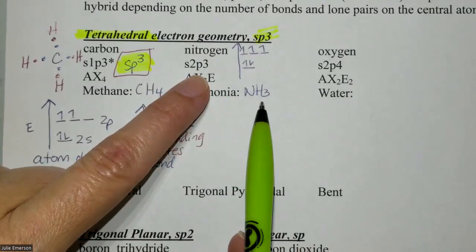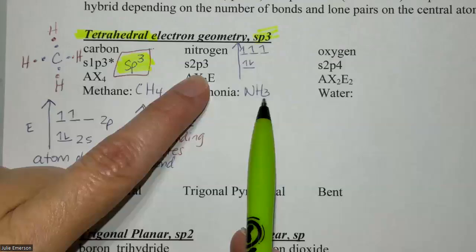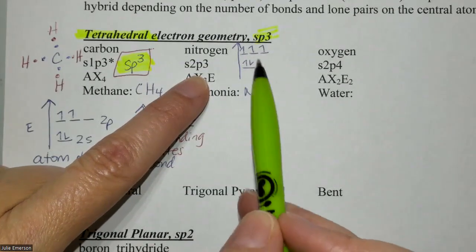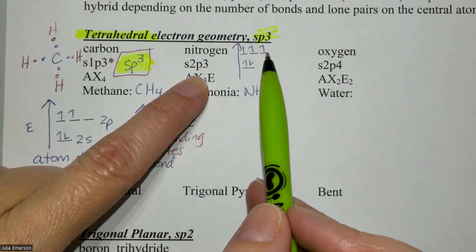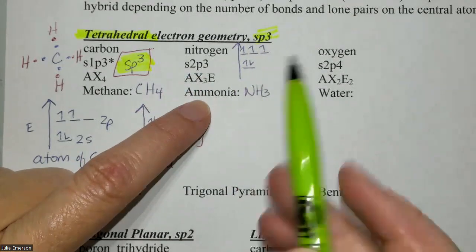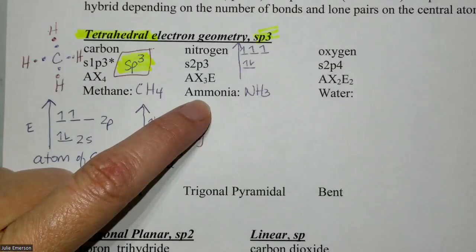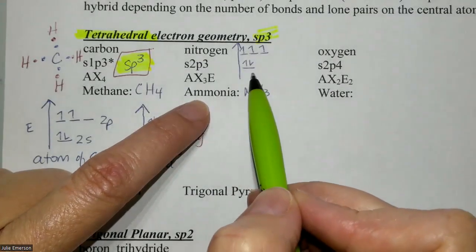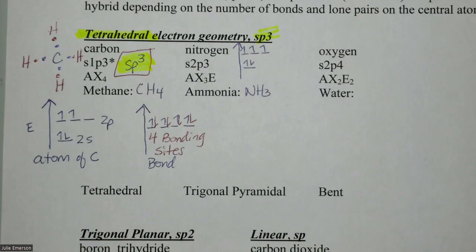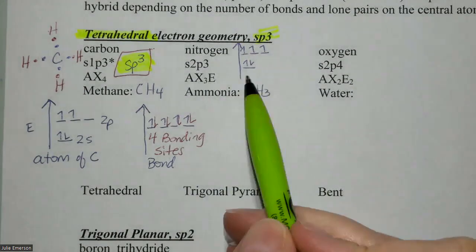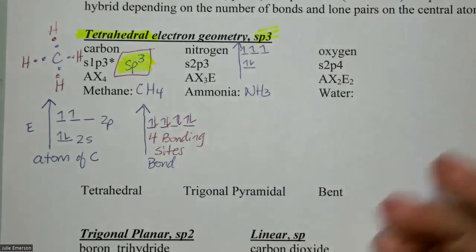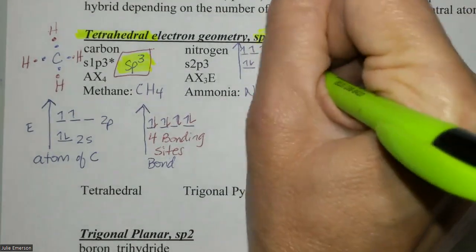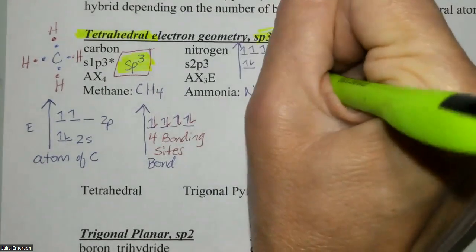When it goes to bond with the 3 hydrogens, it needs 3 bonding sites. Now, one of it does stay a lone pair, and then you have the PX, the PY, the PZ. But again, I need the orbital hybrid that will include, again, it's a hybrid, so they're going to equalize in energy, that will include the space for the lone pair and the 3 bonding sites. So you end up with 1, 2, 3, 4, sp3.